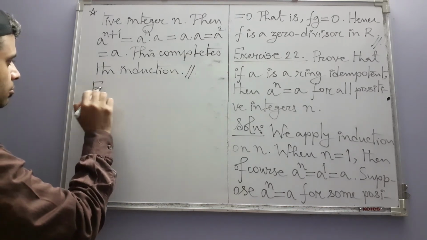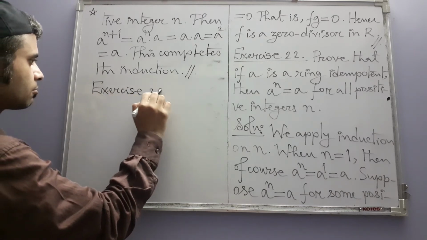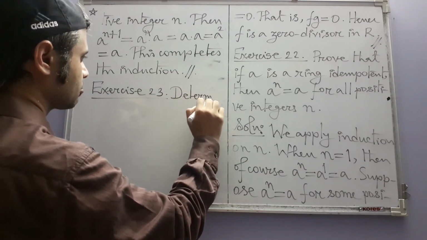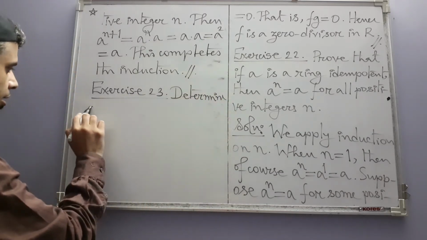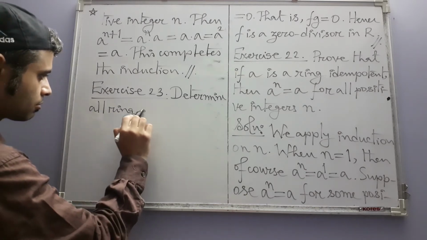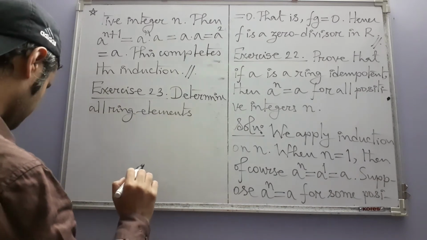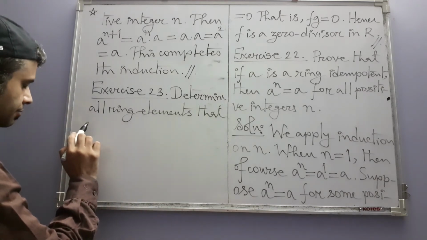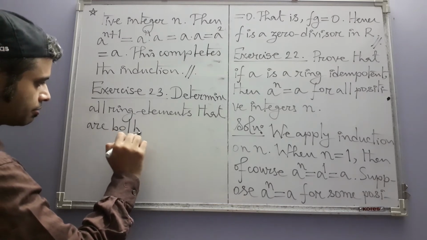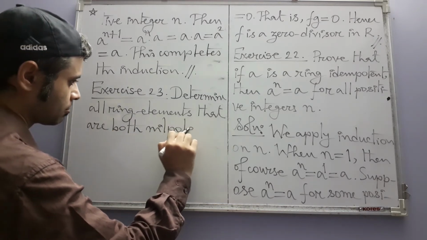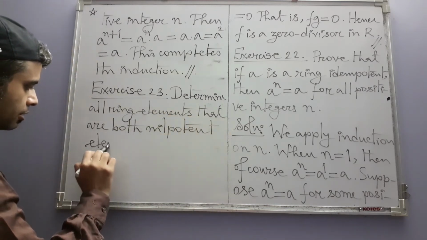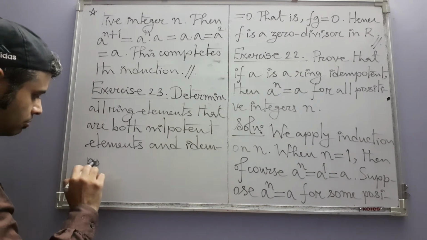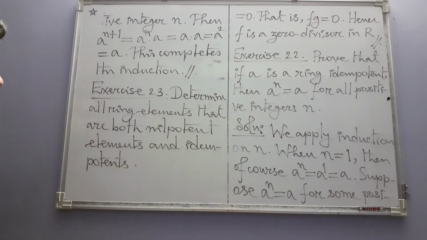Next, determine all ring elements that are both nilpotent elements and idempotents.